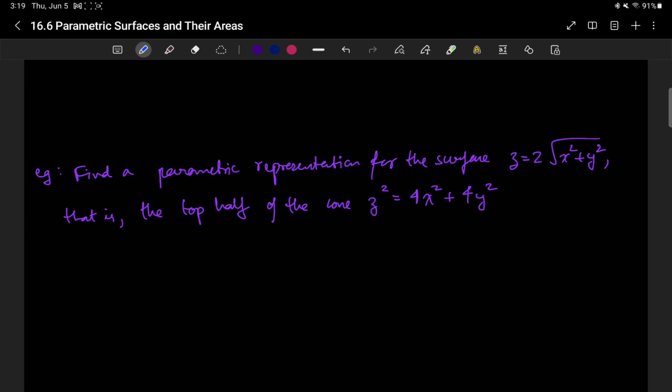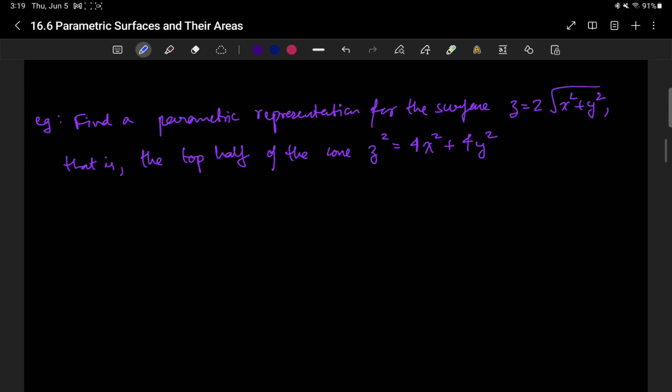Now let's look at another example where we are asked to find the parametric representation of the surface z equals 2 times the square root of x squared plus y squared. In this case it's a cone, the top half of the cone, z squared equals 4x squared plus 4y squared. There are two solutions here.